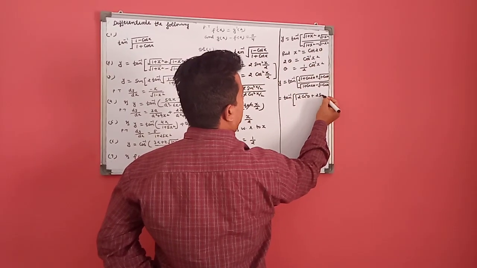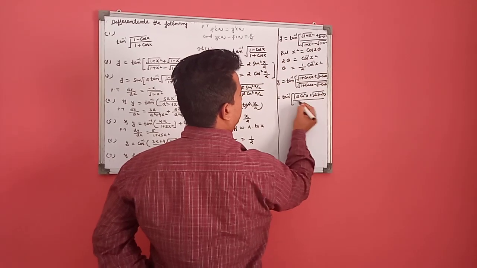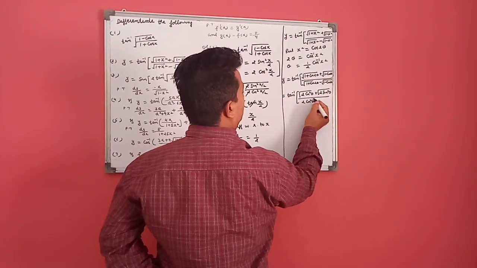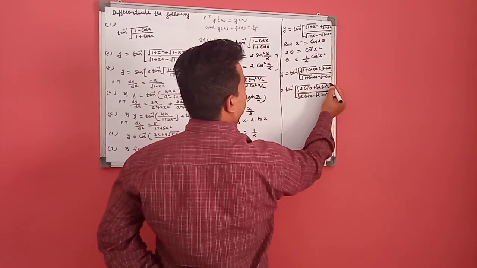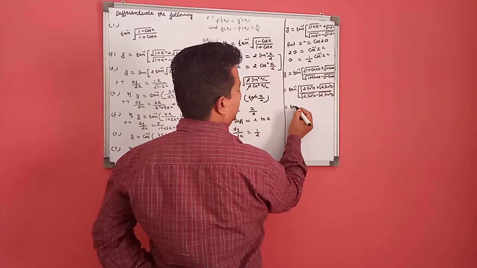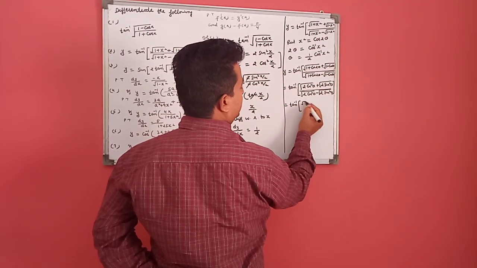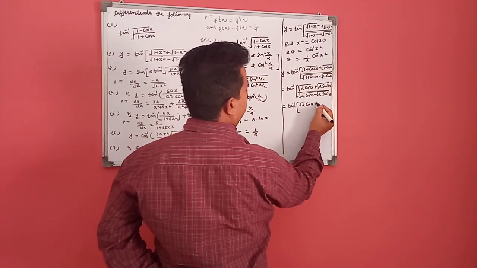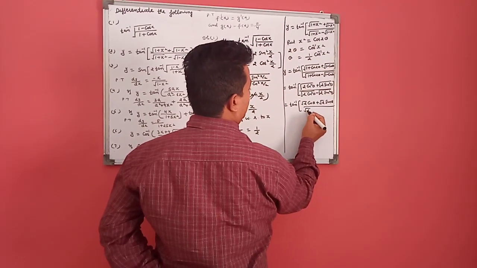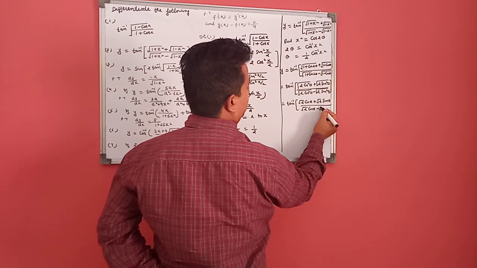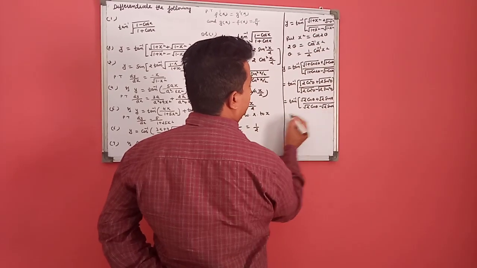This is 2 sin square theta divided by 2 cos square theta minus 2 sin square theta. When we take the square root of this, that's root 2 cos theta plus root 2 sin theta, root 2 cos theta minus root 2 sin theta.